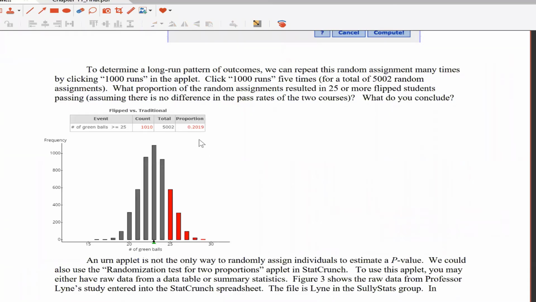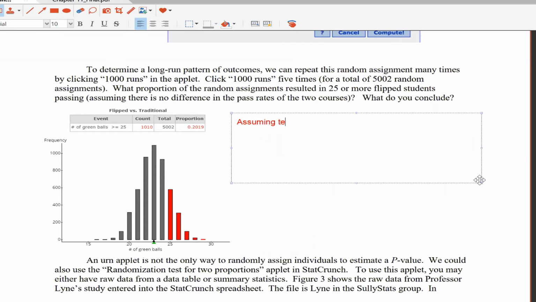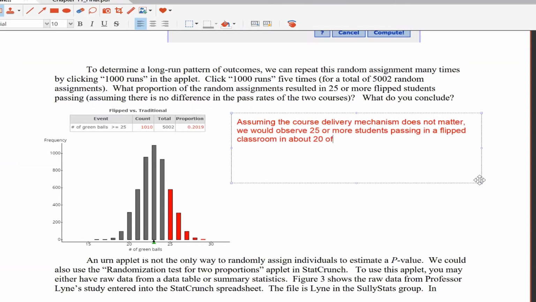And so what we're saying is, assuming the course delivery mechanism does not matter, we would observe 25 or more students passing in a flipped classroom in about 20 of every 100 classes.